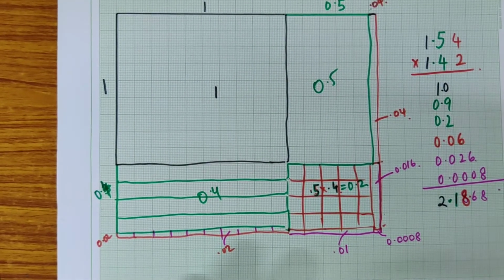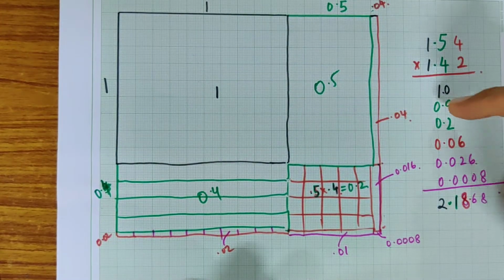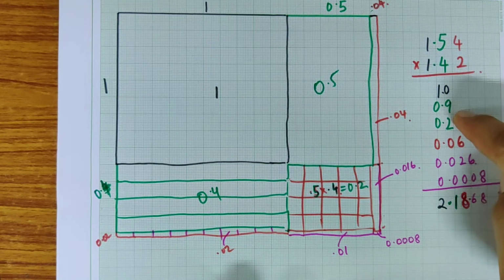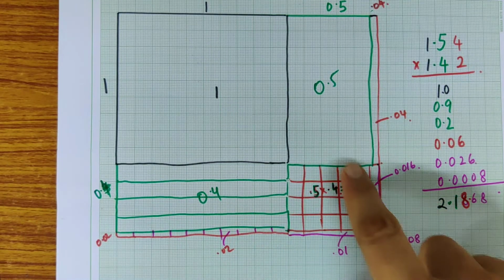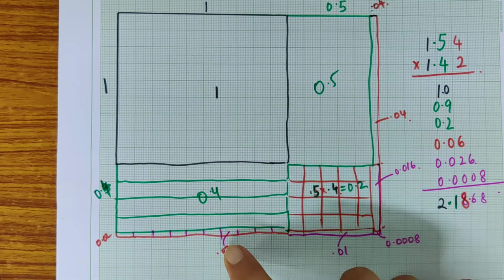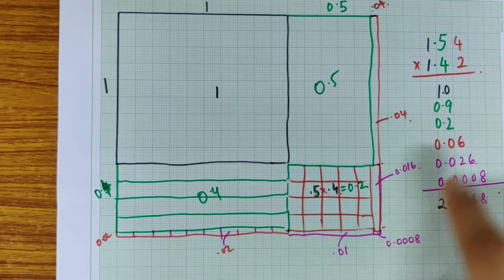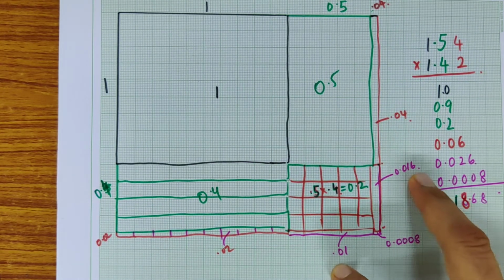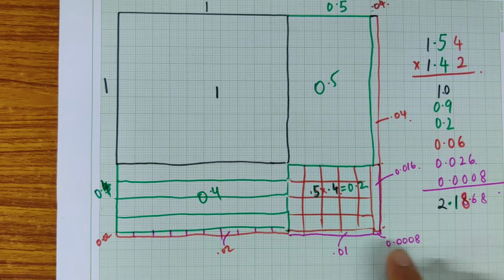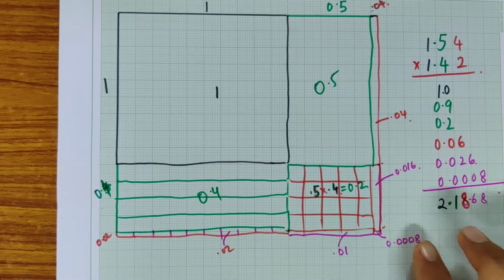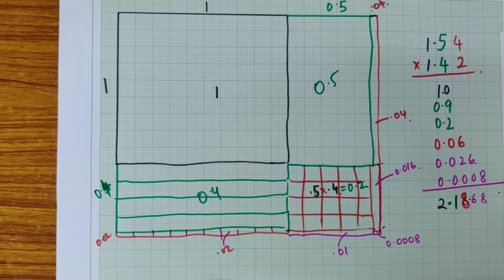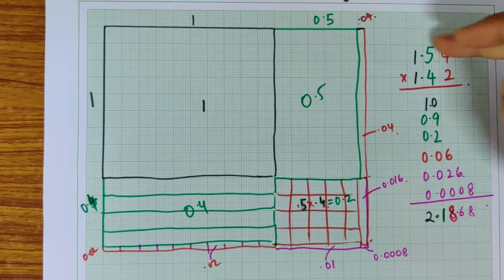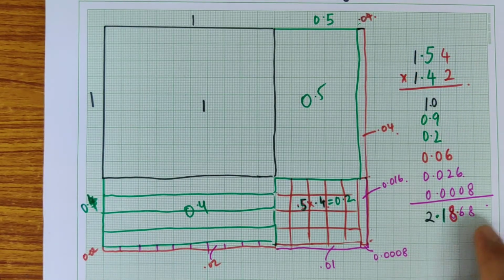Which gives us the big one, 0.5 plus 0.4 is 0.9, the 0.2 is this area, then this 0.02 and 0.04, 0.06, 0.01, 0.016, 0.026, and then of course a smaller number. So this is the result that we would get if you did multiplication of these numbers and then put 4 decimal points, also you will get the same result.